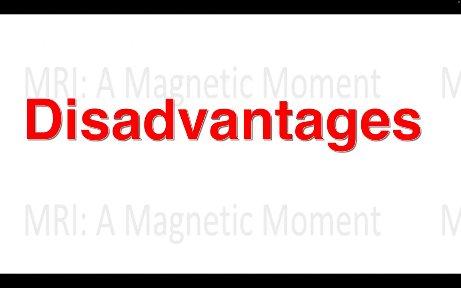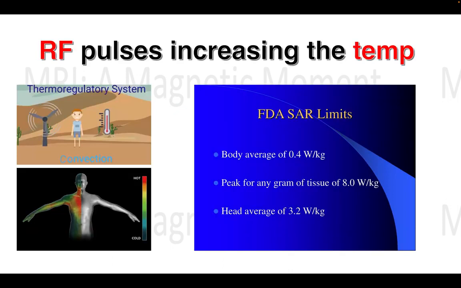Okay, let's discuss some limitations and disadvantages of the MR modality compared to CAT scan and X-rays or radiology in general. The first one in the list is the increased temperature of the patient due to RF pulses in MRI.